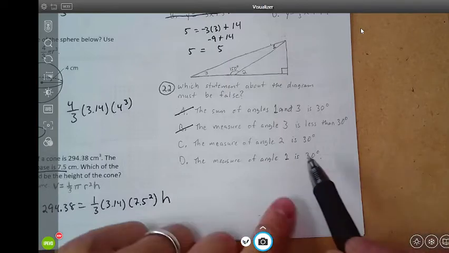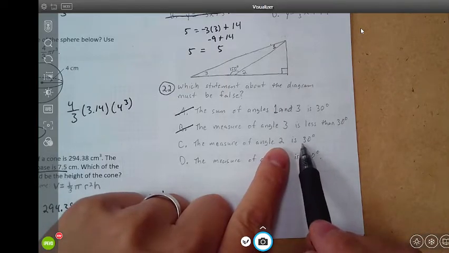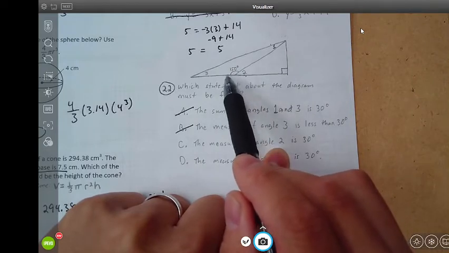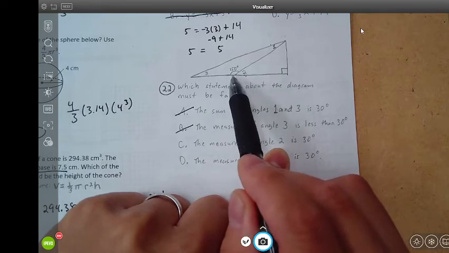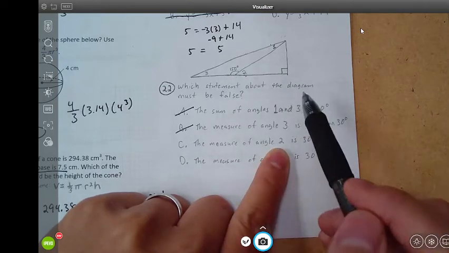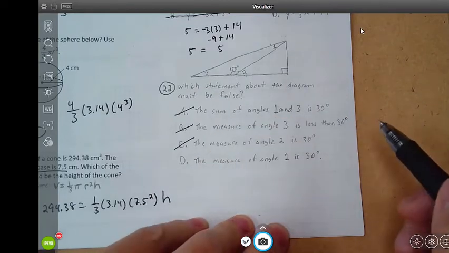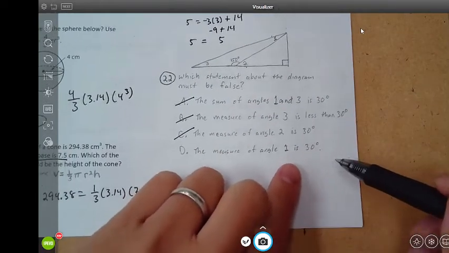The measure of angle 2 is 30. Well, angle 2 and this 150 angle make a straight line, so those have to equal 180. So angle 2 also has to be 30. That's also true. The last one, D, says angle 1 is 30.